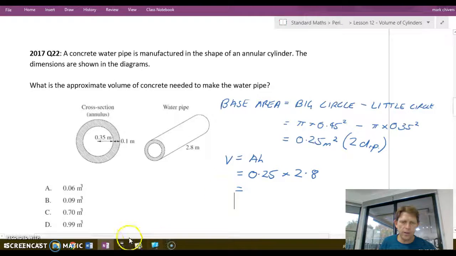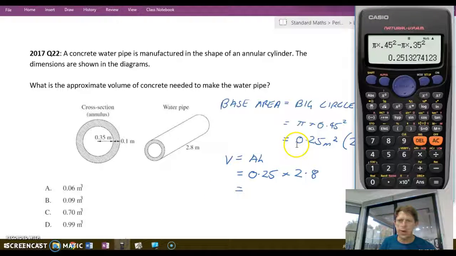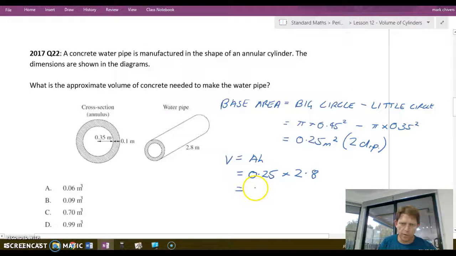So I'm going to take that answer and multiply it by 2.8. And that's going to give me an answer of 0.704, so 0.704 to 3 decimal places.